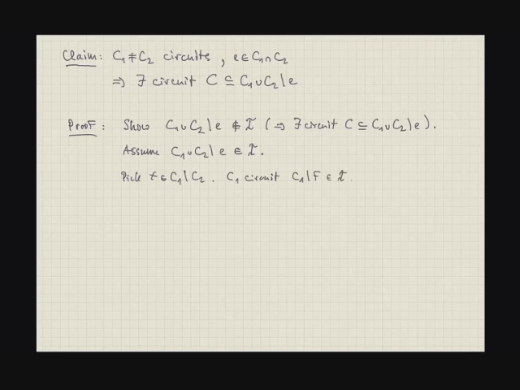So this independent set here, I can extend it to a basis. So I extend C1 without F to a basis of what? To a basis of the union of these two circuits.